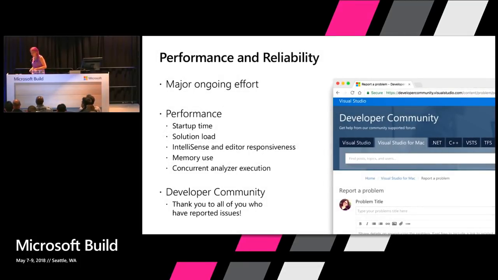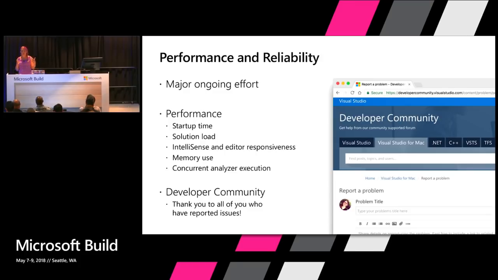We've heard from a lot of you that performance and reliability are important to you, and so we've been doing a lot of work on this. In terms of performance, we've been focusing on startup time, solution load time, and IntelliSense and editor responsiveness, to make sure that it pops up quickly and doesn't stall.